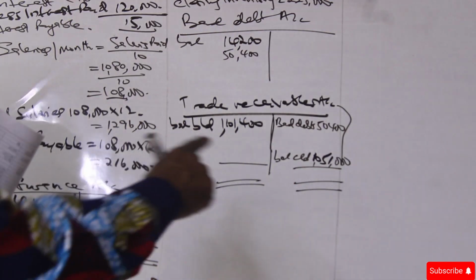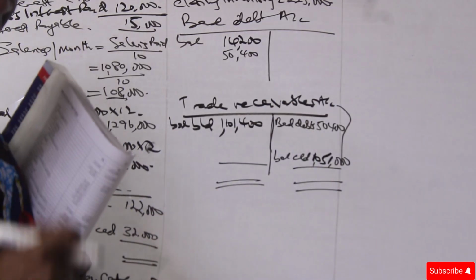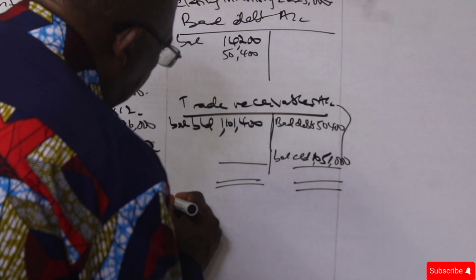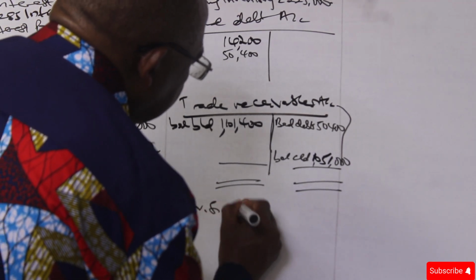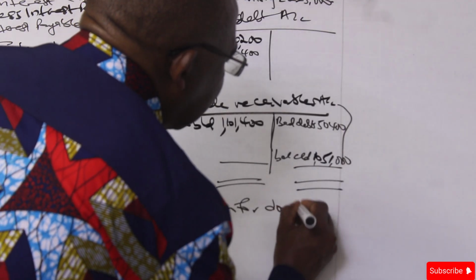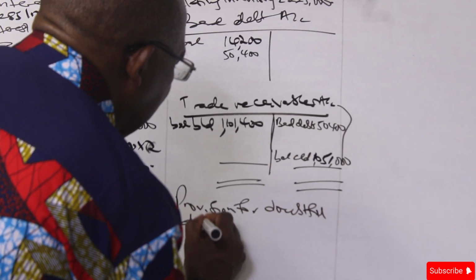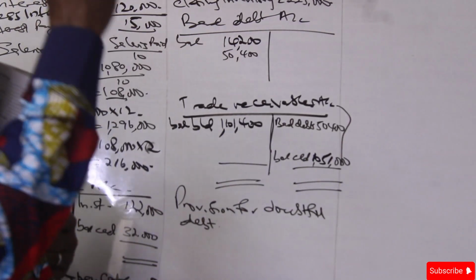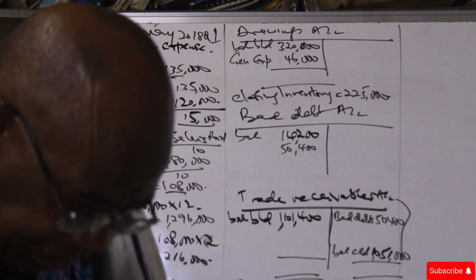And now, after deducting bad debts, we calculate the allowance, the provision for doubtful debts, basing ourselves on the trade debtors after deducting bad debts.